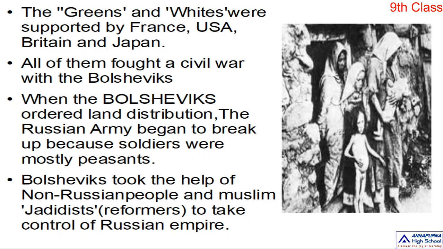So the Socialist Revolutionaries and the supporters of the Tsar were backed by nations like France, USA, Britain, and Japan. These countries supported the Greens and Whites.